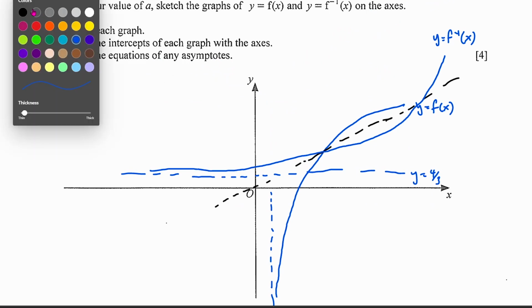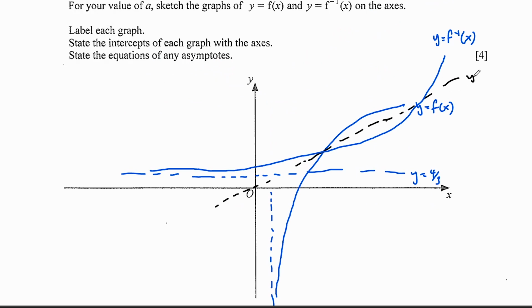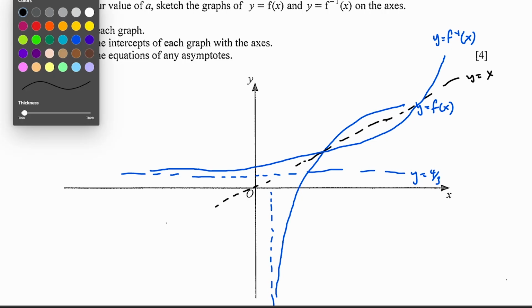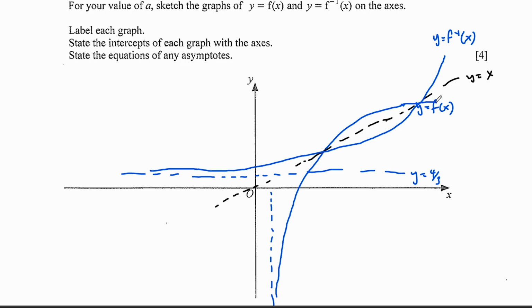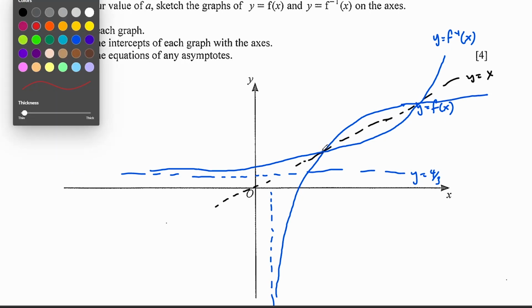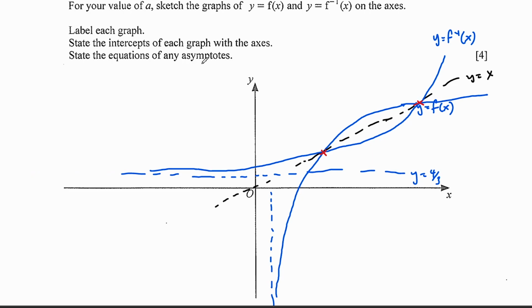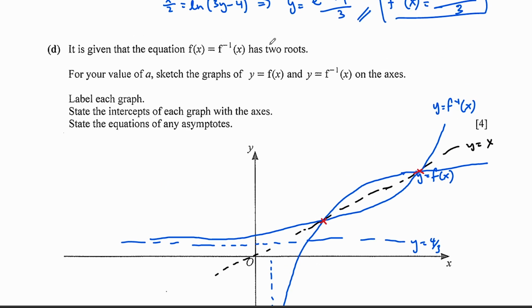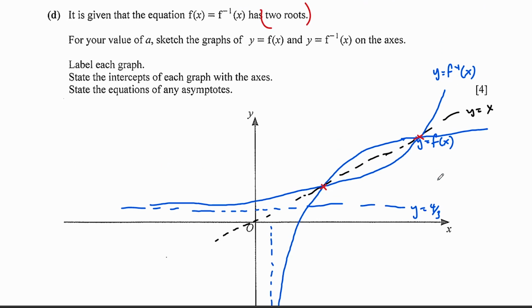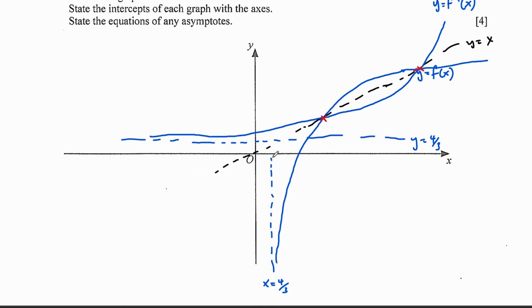And then this black color line will be y equals to x, the symmetry line, which the inverse and the function will be reflected against. And this line, I'm just going to extend it a bit so that it shows that they intersect at 2 points, right? Because they are two real roots. So they must intersect twice, and the shape of the graph must be correct.